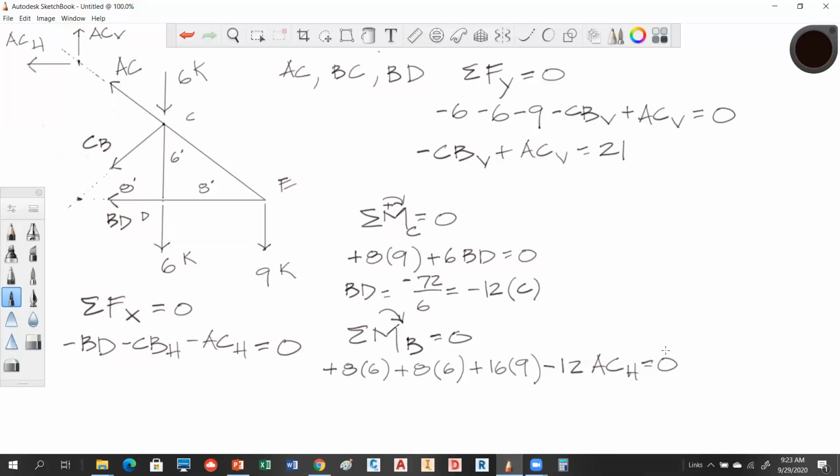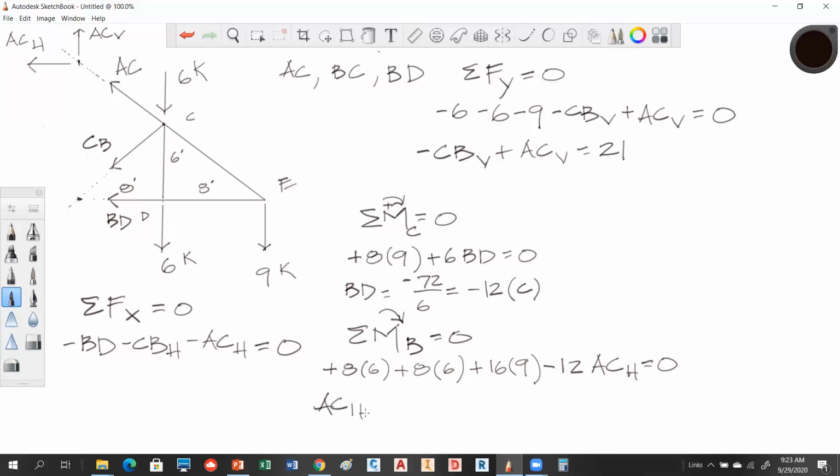Let's see what we get. 8 times 6 plus 8 times 6 plus 16 times 9. I got 240. It's going to come over as a negative 240.